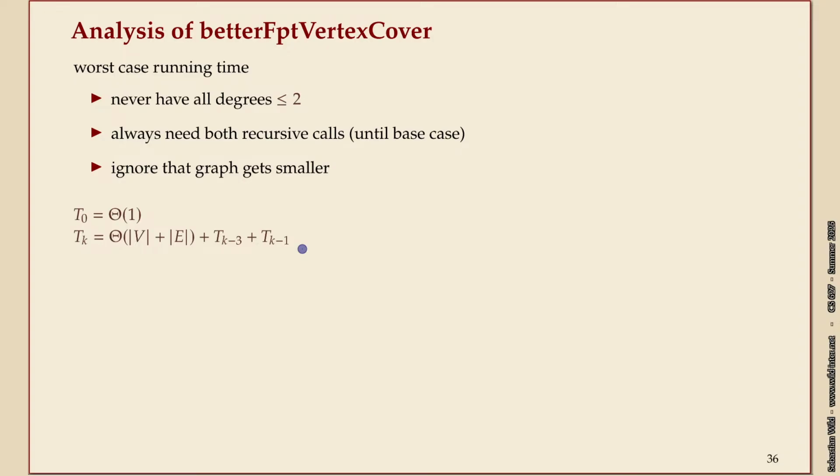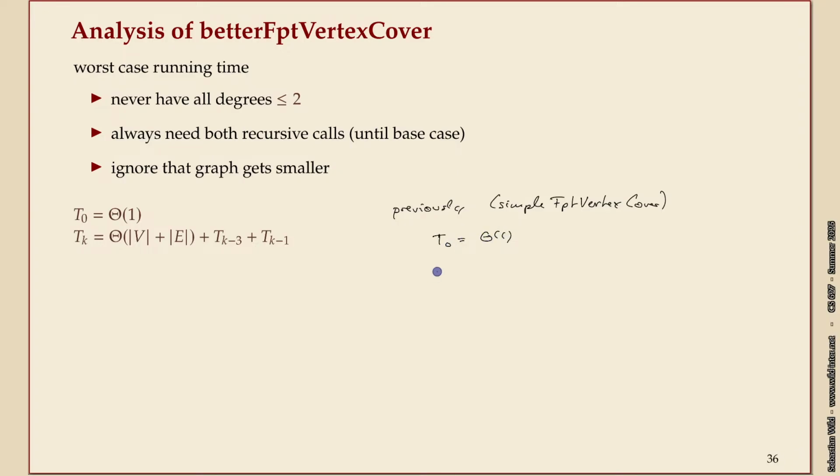Okay, so that's set up clear. So if we can solve this recurrence, we can get the analog of what we've analyzed before, where we said the search space size is 2 to the k. Previously, we had, for the simple FPT vertex cover, this would have looked similar.